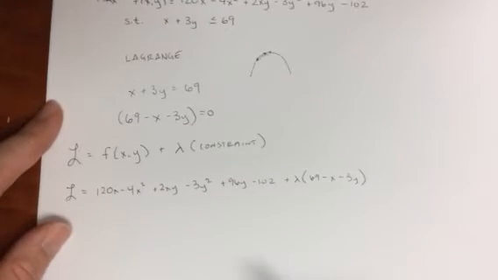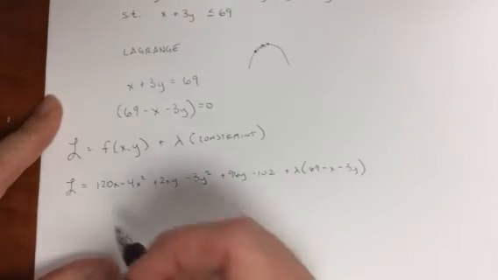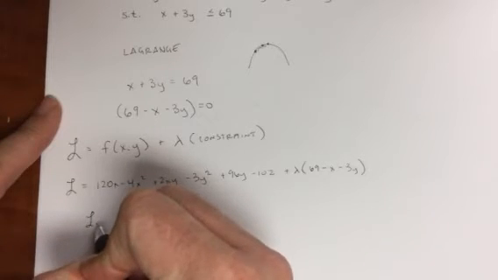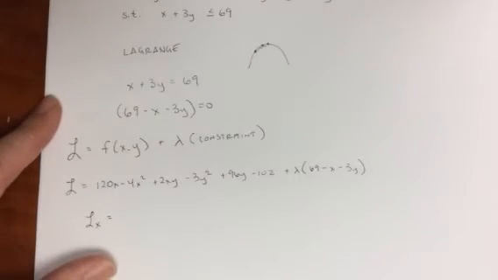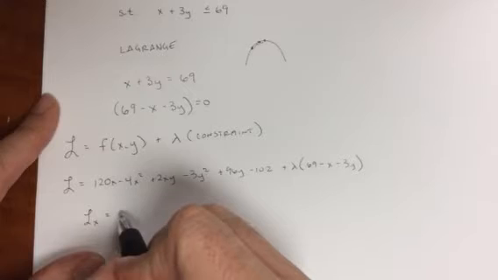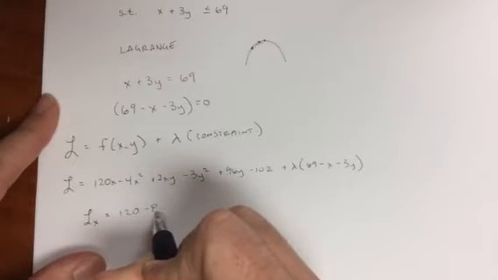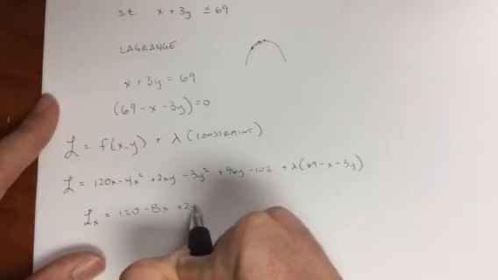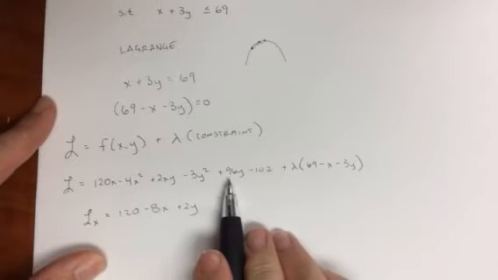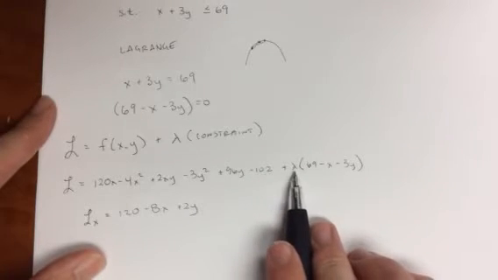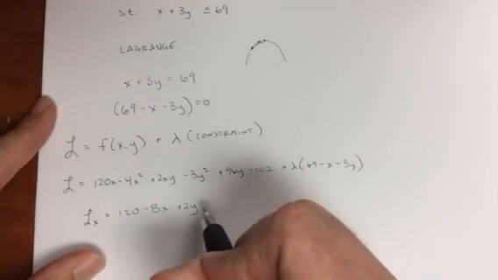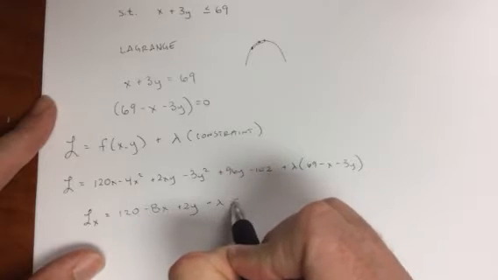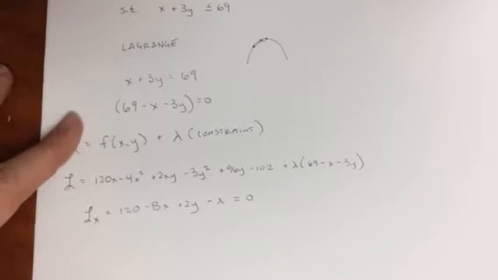Well, to optimize this, we just need to take first order conditions. So we take the partial of the Lagrange with respect to x. So here we get 120 minus 8x plus 2y. There's no x's here, but you'll notice that this lambda is multiplied by x here, so it's minus lambda equals 0.